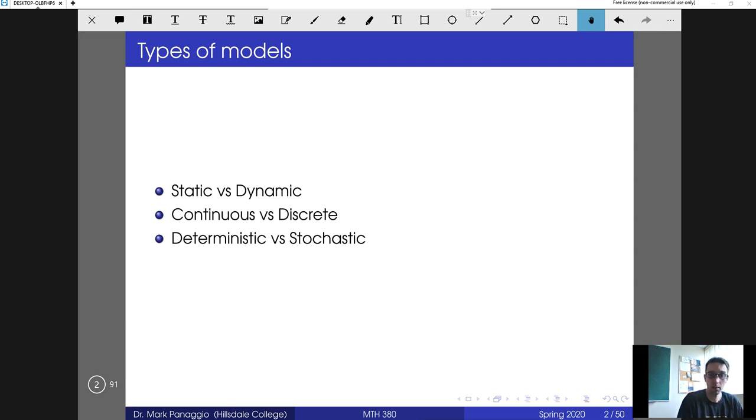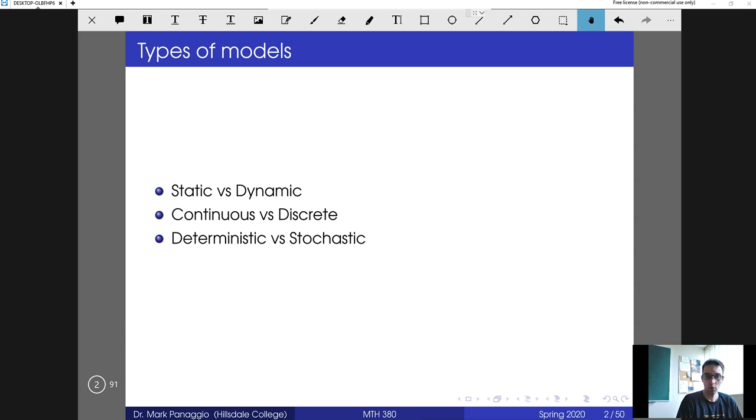In a dynamic model, all of the variables that we're describing are changing, or at least many of them are changing over time, and we want to be able to track those changes and ultimately make some sort of forecasts about what those changes are going to look like in the future. Now, there are two different types of models that can be used to describe dynamical systems that are changing. You can use continuous models where time is a continuous variable, and in that case you will need what's called a differential equation to describe the system.